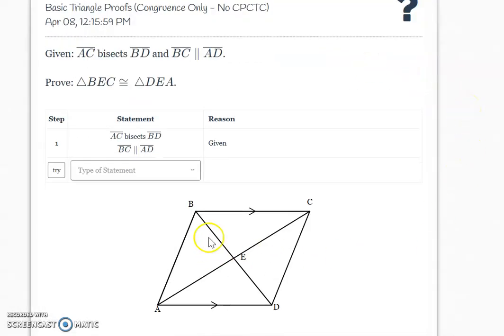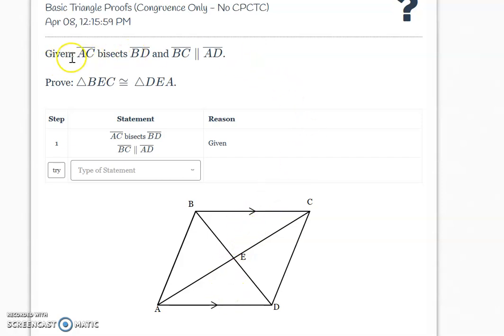Okay, so this one, this is where you have to be careful because there's more than two triangles in this picture. So we are trying to prove that triangle BEC, so this top one, is congruent to DEA, which is this bottom one. Okay, so these two triangles are congruent.